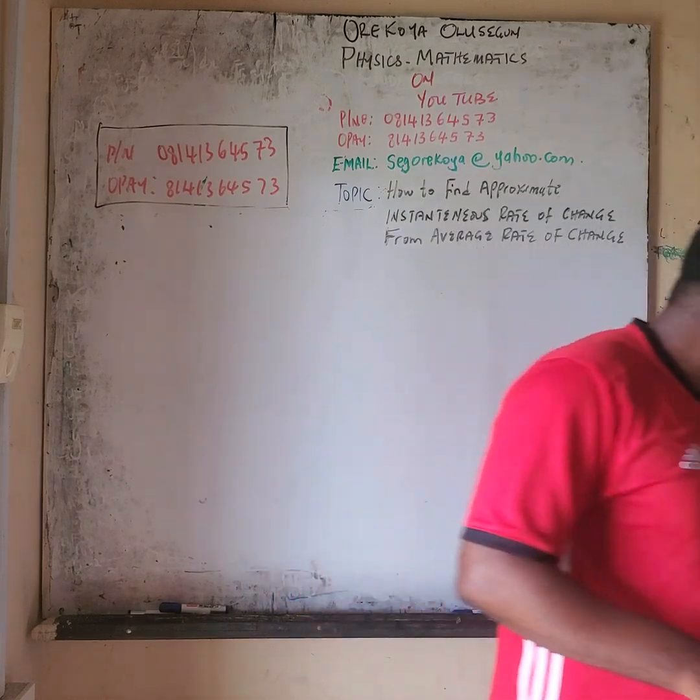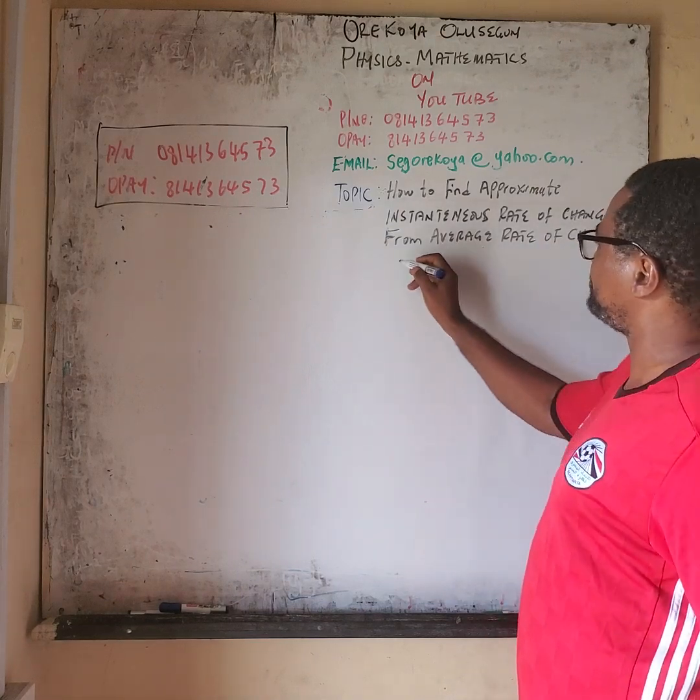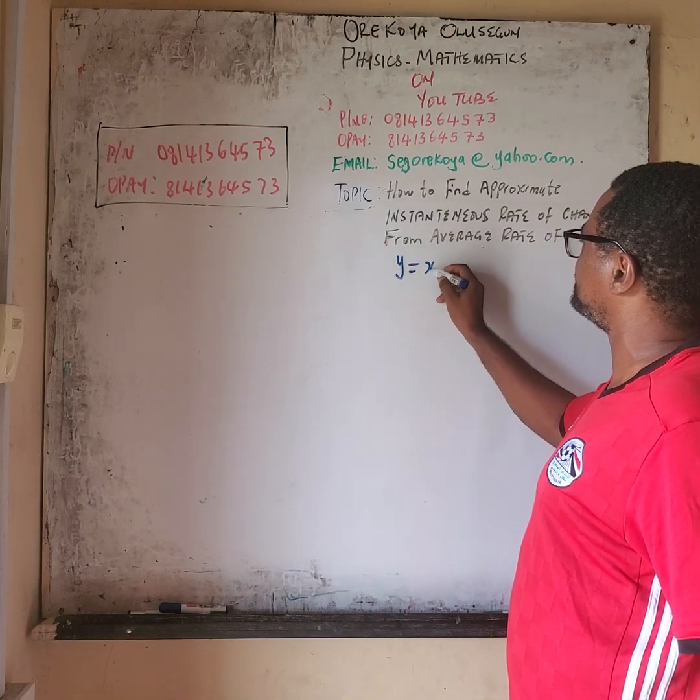Now, let's say we are given y is equal to x squared.